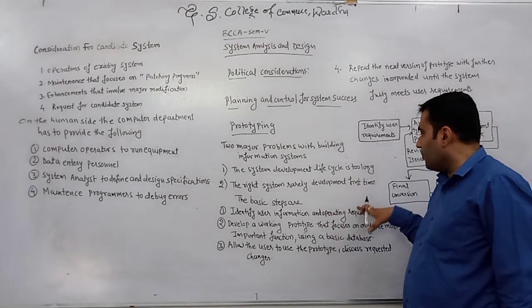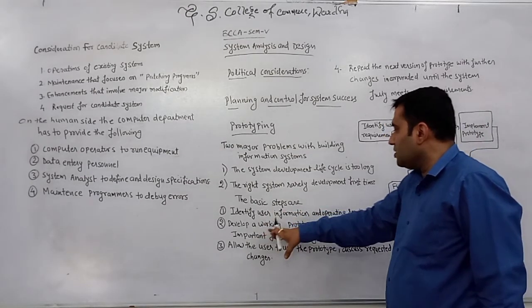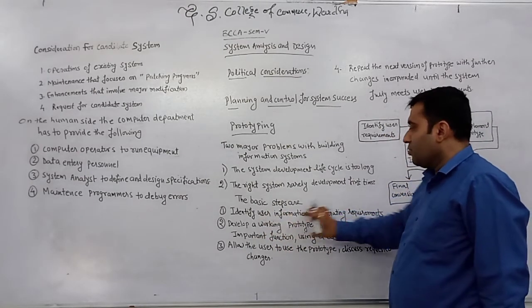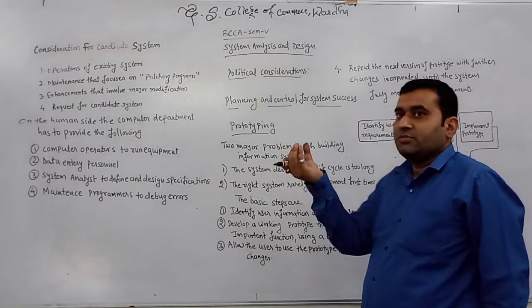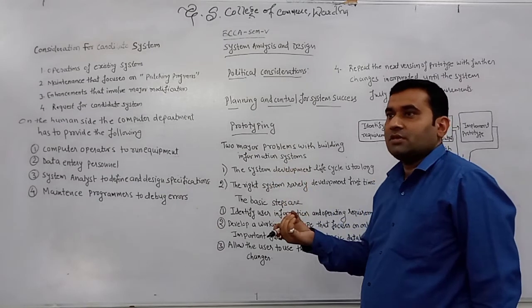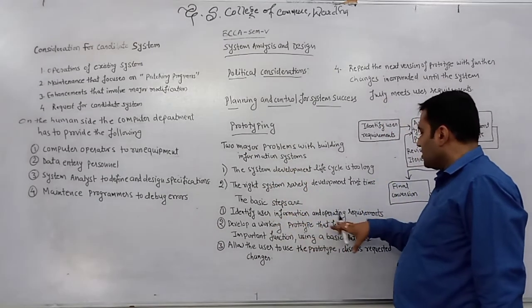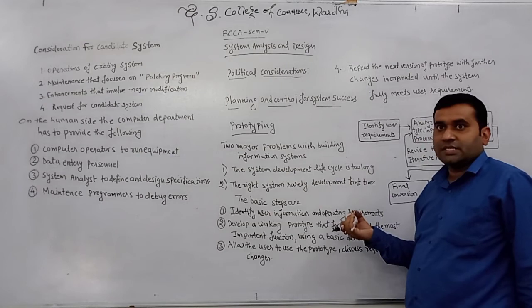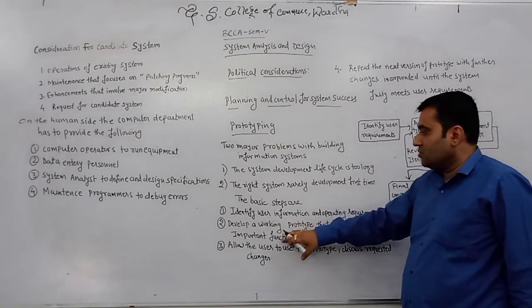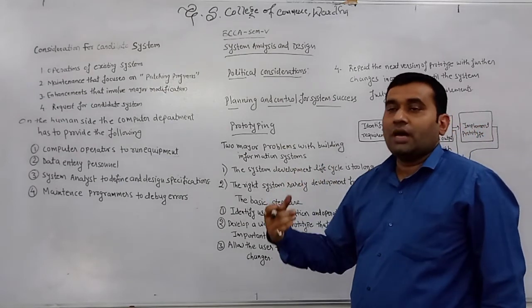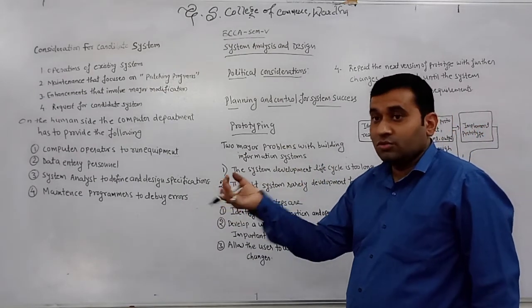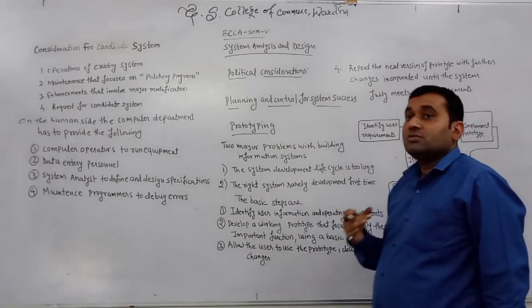Develop the working prototype, focusing first on the most important functions that are necessary for the user, using the basic data type. Allow the user to use this prototype and show how to use it.